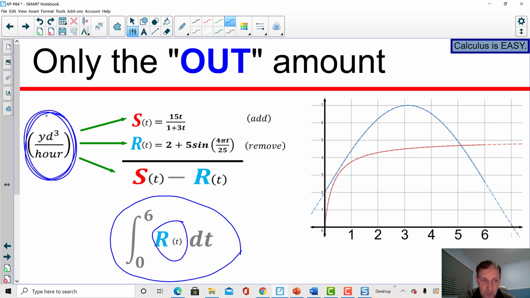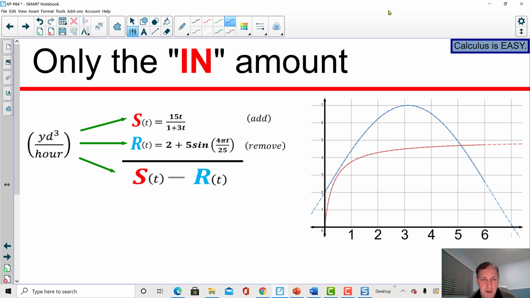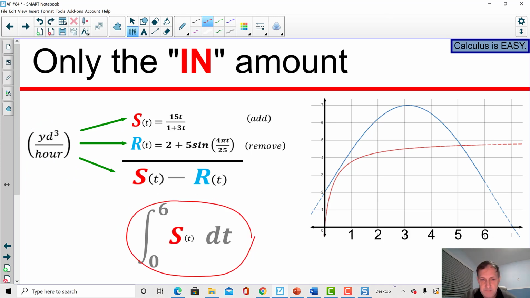So after doing the integral, I'm going to cancel 1 unit of time from the bottom, and the units will just be cubic yards. Now, what if I just wanted to find the amount of sand that was added on that interval from 0 to 6? Well, this integral right here tells me how much sand was added on the time interval from 0 to 6. So this is only the amount of sand that was added.